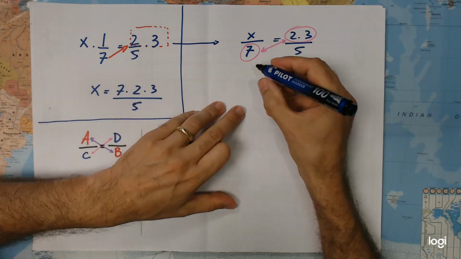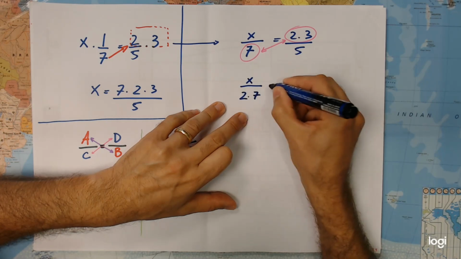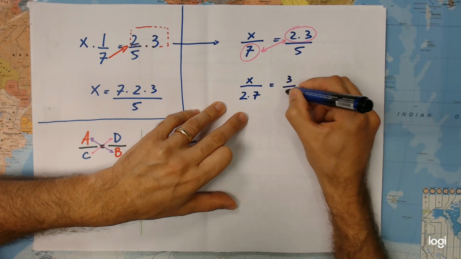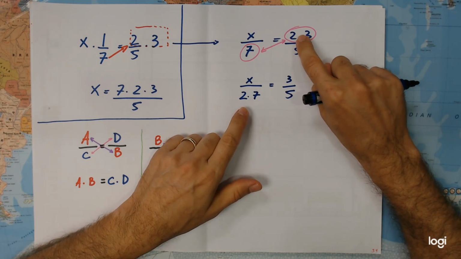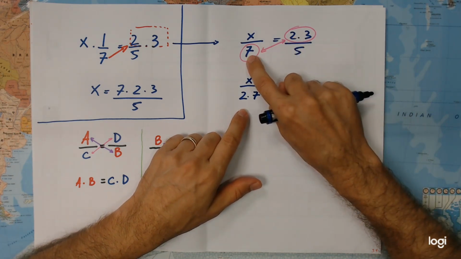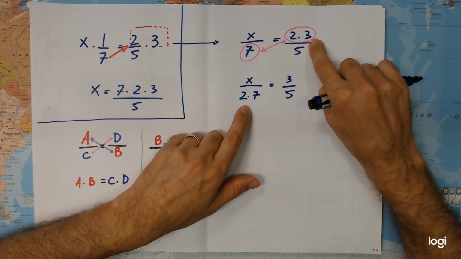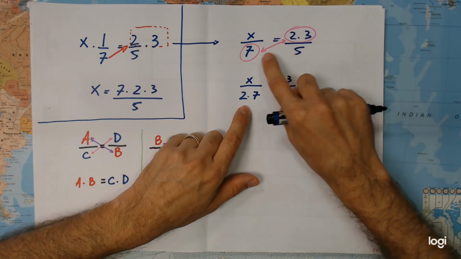If I just want to write x over 2 times 7 equals 3 over 5, it is going to be the same. Look what happened. I just take the 2 and pass it to here. It is the same. It doesn't matter where the 2 is. The 2 can be over here or can be down here.